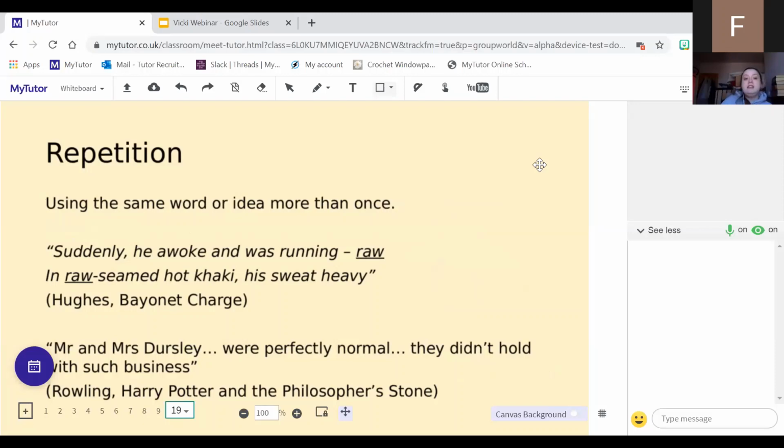In terms of this one, we would need the repetition of the word raw to appear in several paragraphs for it to make sense as a structural feature. If it's repeated like this, then that is not a structural feature, that is a language device. So it needs to be dotted around a few paragraphs essentially, or just appear a couple of times in separate paragraphs.